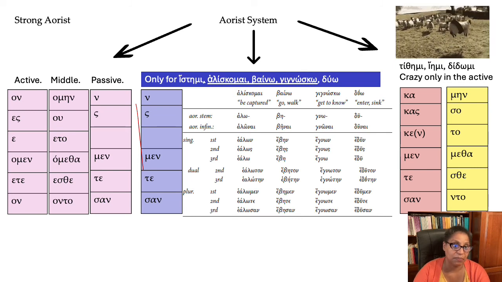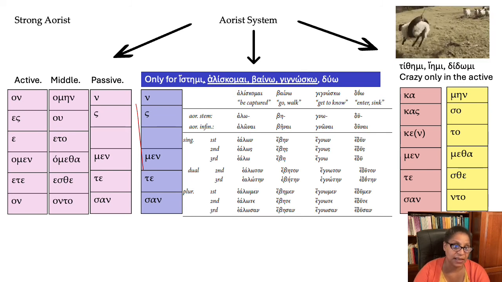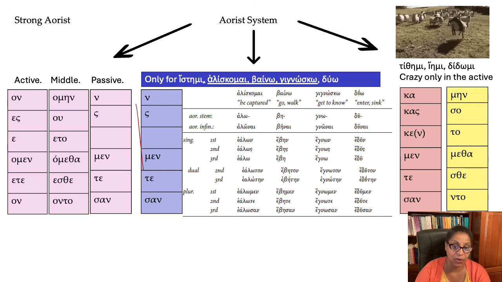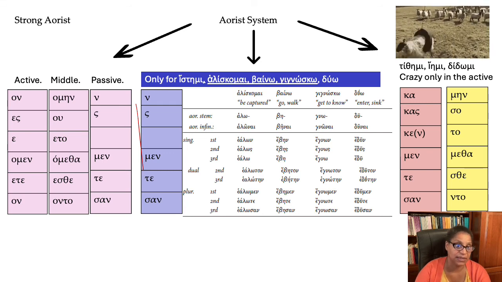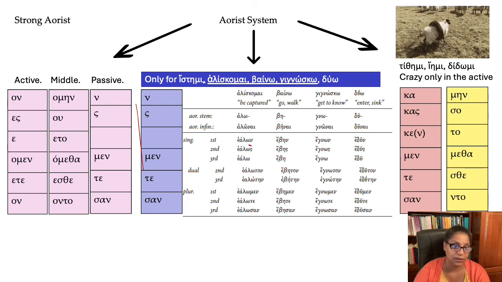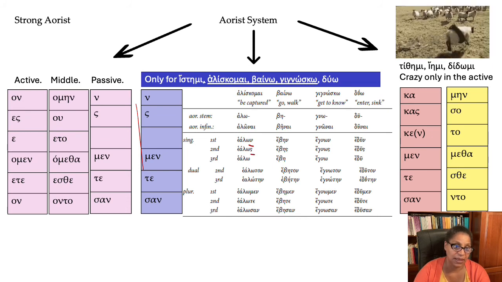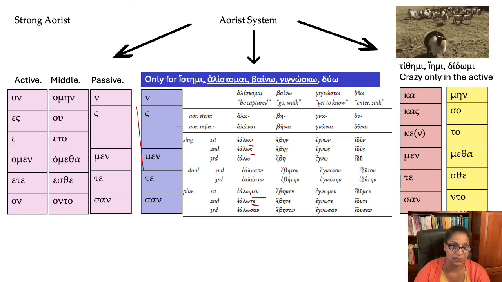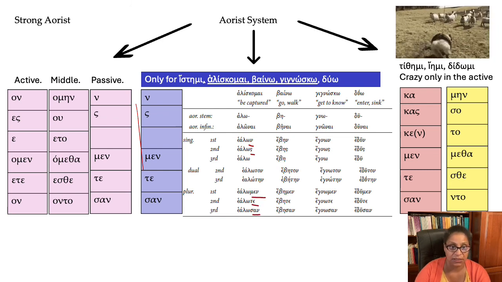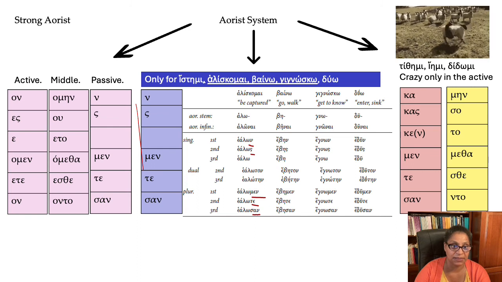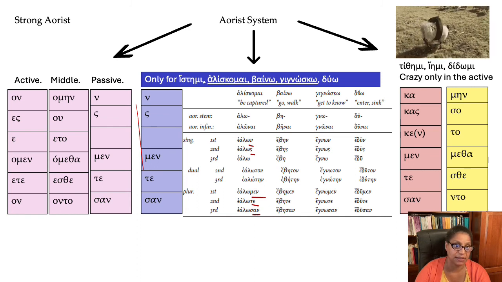So with haliskomai, it's halo, so ehalon, and then you put the endings on. Ehalon, ehalos, ehalo, ehalomen, ehalote, ehalosan. Similar with baino. Ebane, ebase, ebe, ebemen, ebete, ebesan.